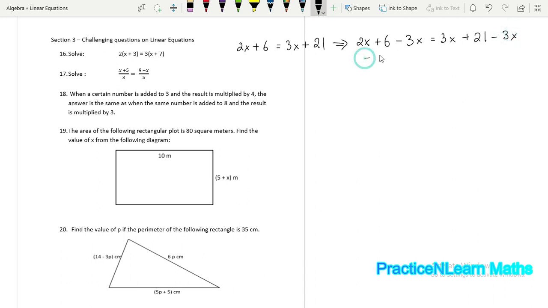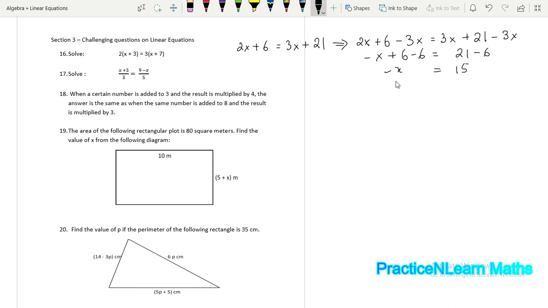We get negative x plus 6 is equal to 20. Subtract 6 from both sides. We get minus x is equal to 15. Now we can't leave our answer as minus x.